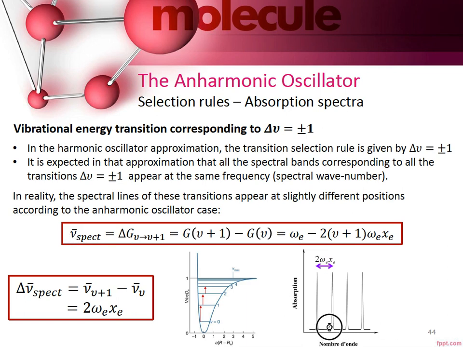Whatever V is, you take nu bar V plus 1, so you put instead of V here V plus 1, and you make the difference between them. You will find, just small, very easy calculations, that the difference between two consecutive peaks on the absorption spectra of vibration is nothing else but 2 omega e x e. Okay? So from this you can get 2 omega e x e experimentally.